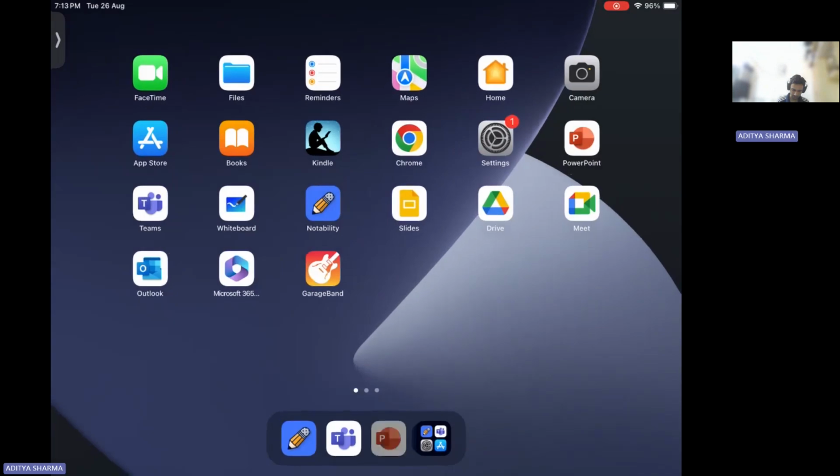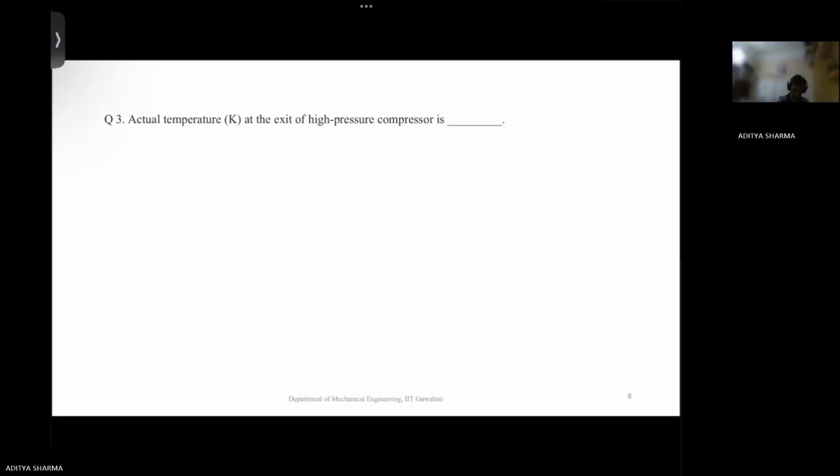Now the first question here is, at the exit of the high pressure compressor, we need to find out the temperature. So how do we do this?